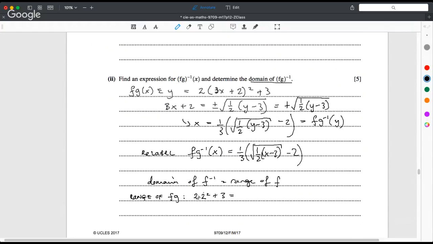Oh wait, actually, you know what? 2 times 2 squared plus 3. Should that be? Oh, right, we want the range of f.